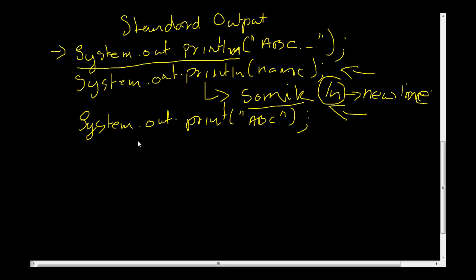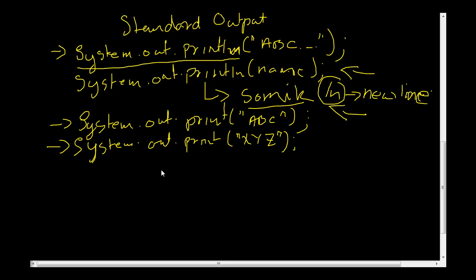So I have System.out.print("XYZ"). In this case, if these two statements execute one after the other, on the screen you will see ABC XYZ.